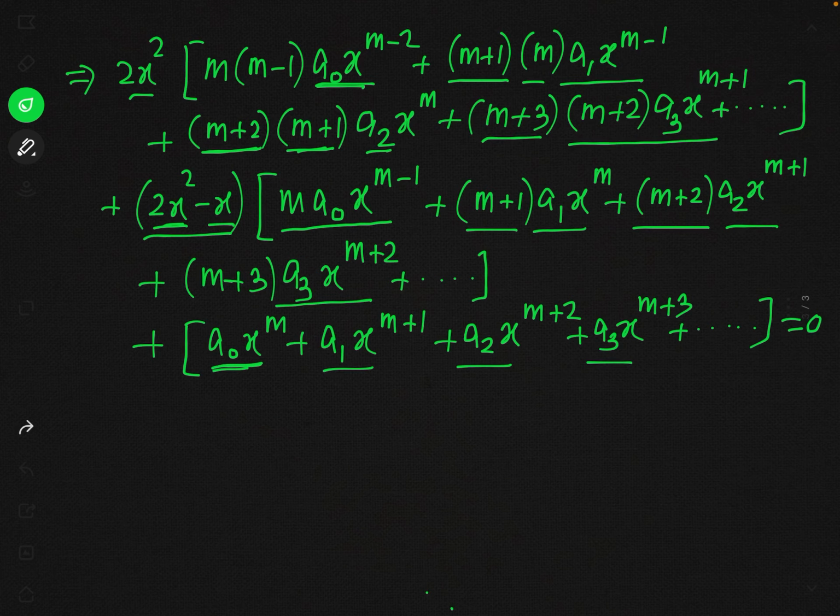So we will equate to 0 the coefficient of x to the power m. The lowest power of x is x to the power m. You can see easily.